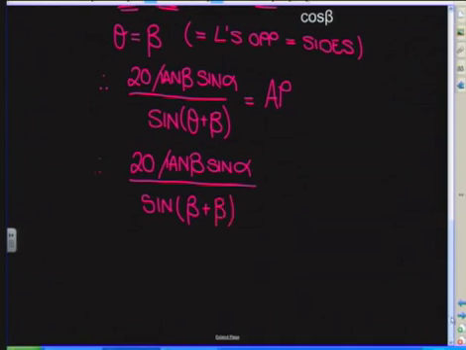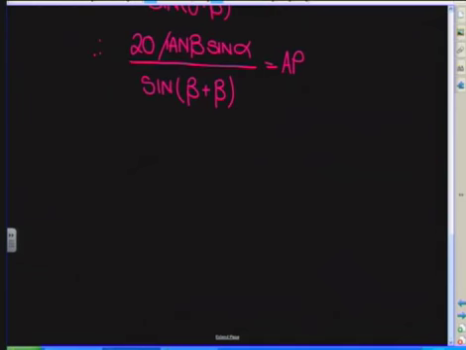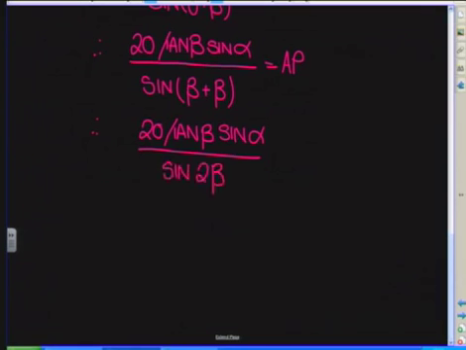Okay? And that is equal to AP. So if I tidy that up one more step, I'm going to say 20 tan beta sine alpha over, and do you guys agree that what I've actually got here is sine of 2 beta? All right? We've got sine of 2 beta.